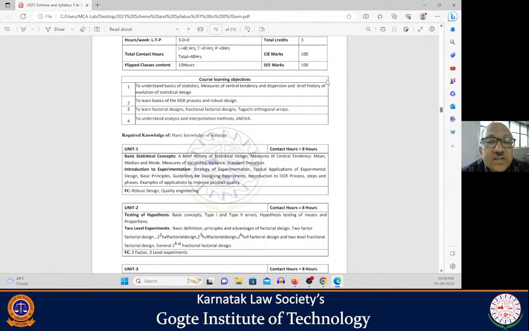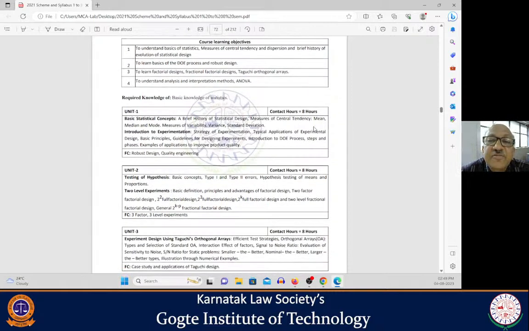This whole thing is a very involved subject, and the syllabus has been quite a moderate one with enough mathematics. Unit 1, to begin with, and there is a prerequisite of basic knowledge of statistics. One is supposed to know mean, median, and all those measures of central tendency and measures of dispersion.